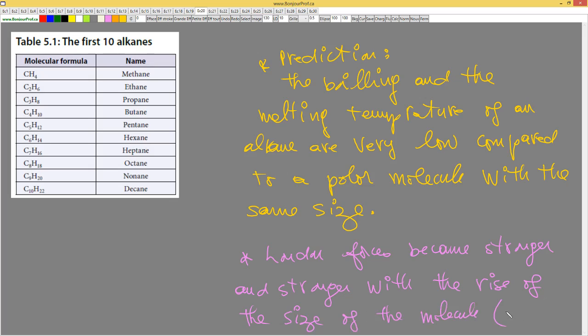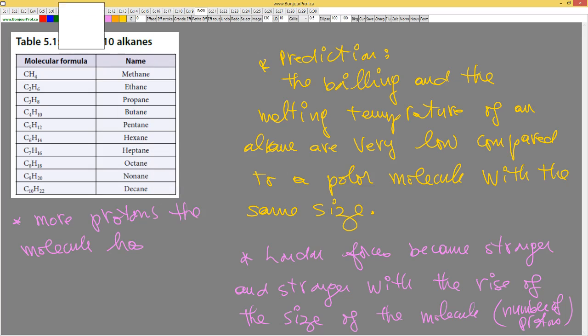In fact, the number of protons of the molecule: the more protons the molecule has, the stronger the London forces are.